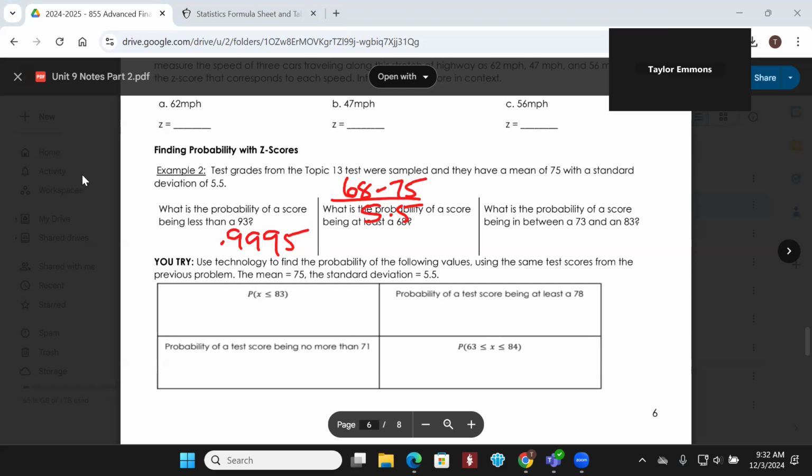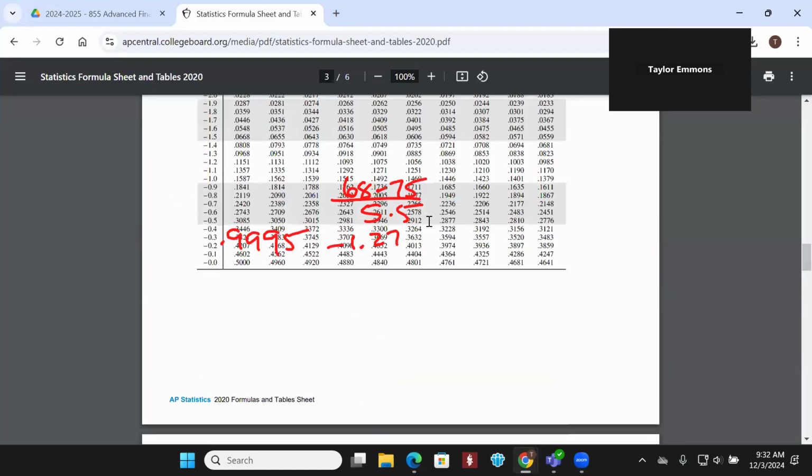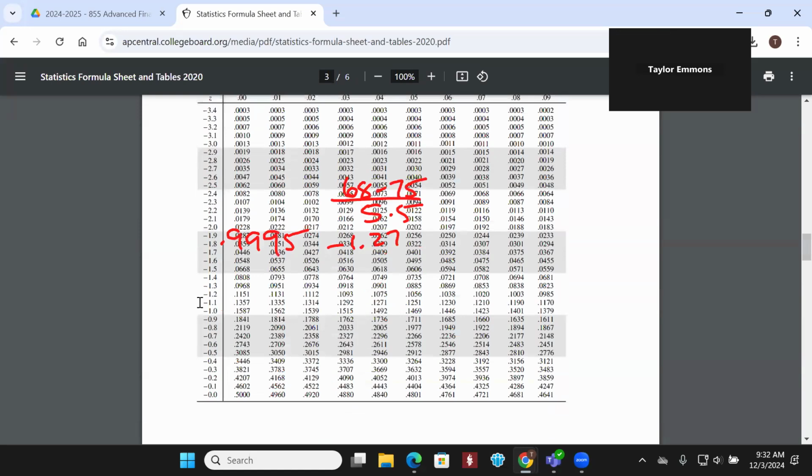So this gives me negative 1.27. Then we're going to go to the negative z-score table and look for negative 1.27. That's going to give me 0.1020.